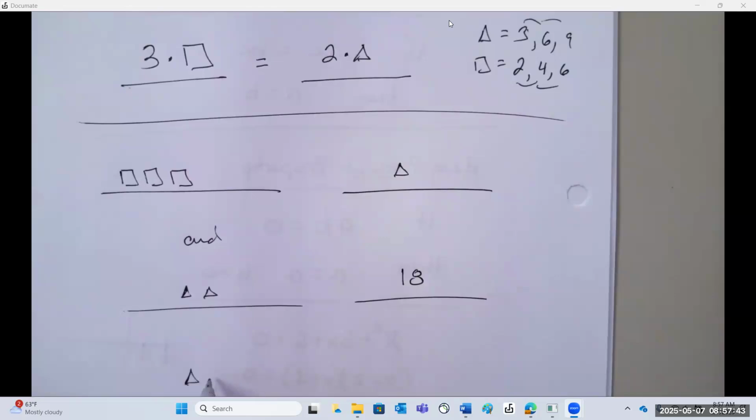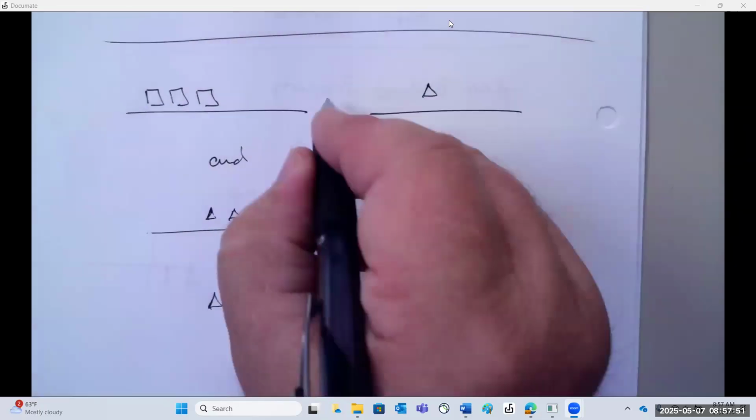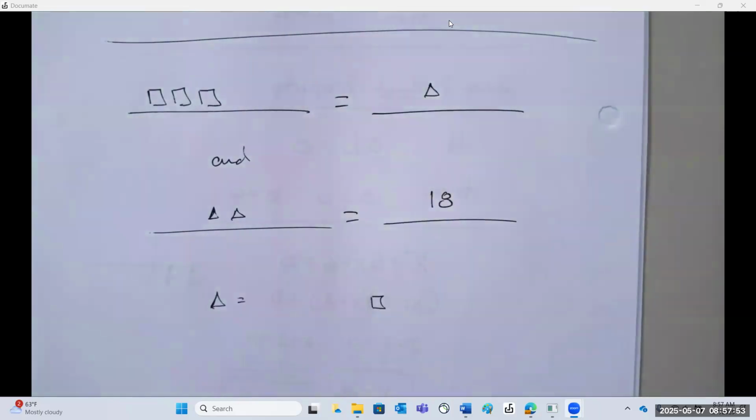So what is the value of a triangle and what's the value of a square? I'm going to give you this.